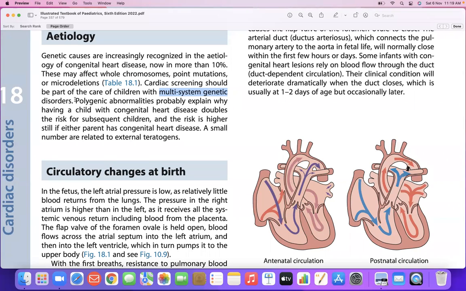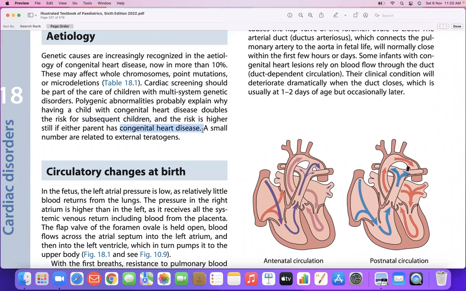They can also be familial. Polygenic abnormalities explain why a child with congenital heart disease doubles the risk for subsequent children. So if any child in the family has congenital heart disease, the other children are at risk. The risk is higher still if either parent has congenital heart disease.